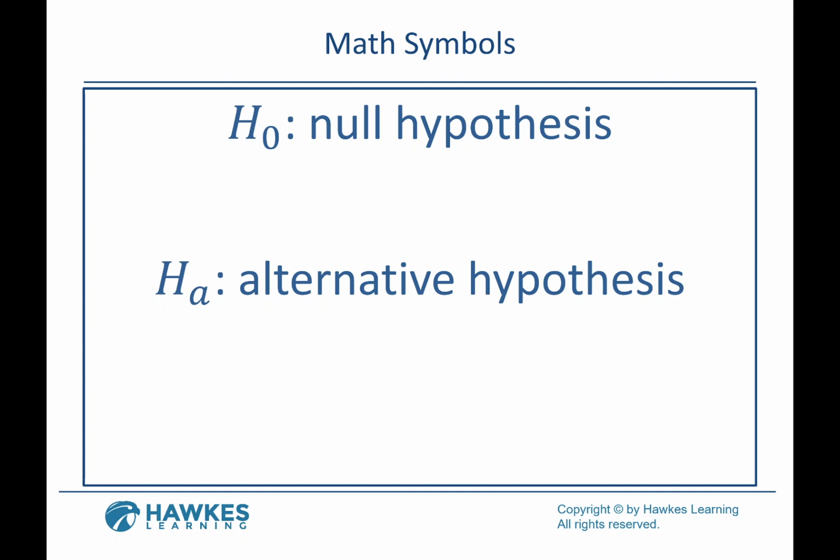The other hypothesis we call the alternative hypothesis, and our notation for it is a capital H with a subscript A, for alternative. So we'll have H0 and HA, or H sub 0, H sub A. Either way you want to read those, or you could just call them the null and the alternative. That's what our notation is going to look like.